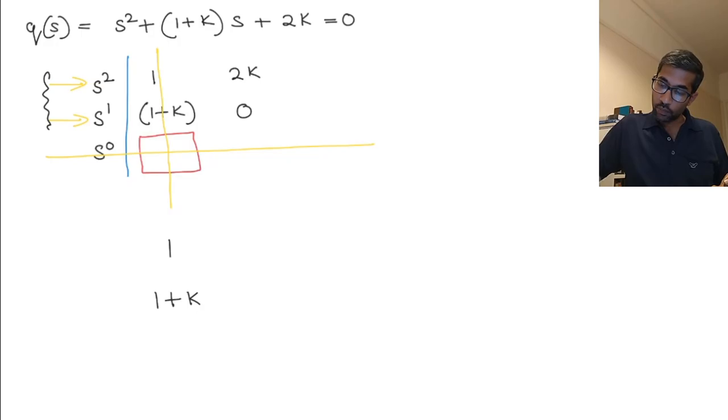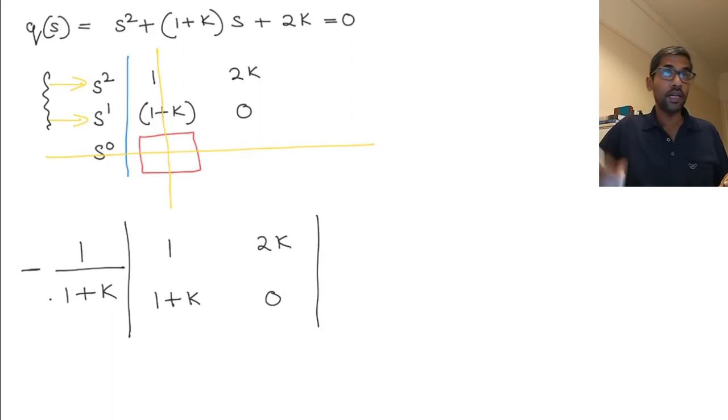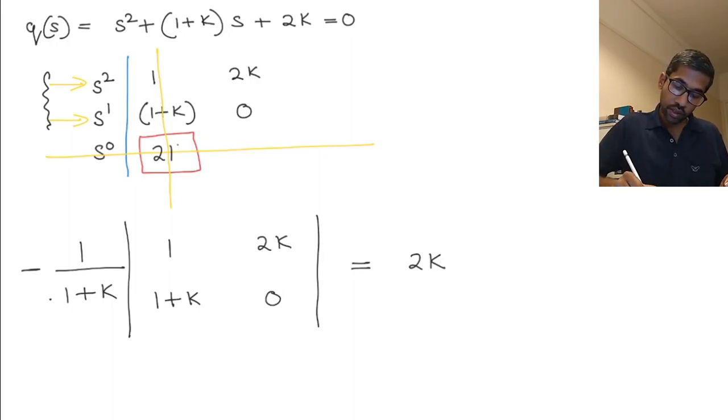So we write 2K and 0 here. So our value at this point is going to be minus 1 over 1 plus K times this determinant, and if you evaluate this, it should turn out to be 2K. Okay, so let me write 2K here.